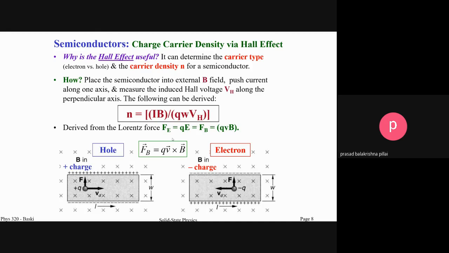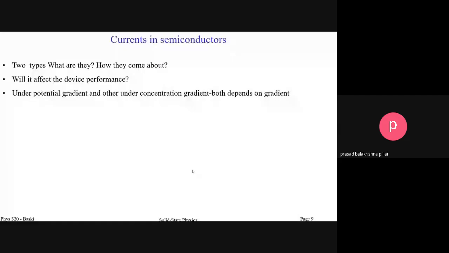But I just wanted to mention that the Hall probe is one of the most widely used characterization techniques in semiconductors. That is another way of finding out the type of dopant, whether it is N type or P type. And here it is more quantitative, in the sense you can find out the mobility, etc. If you know the conductivity, you can find out the carrier concentration, etc.